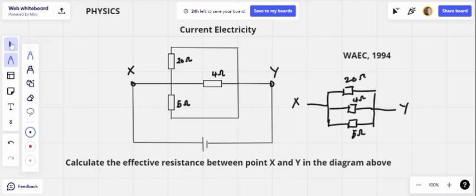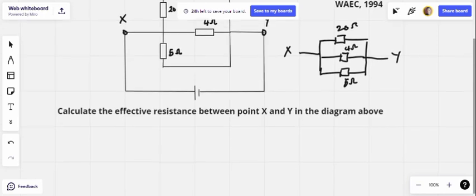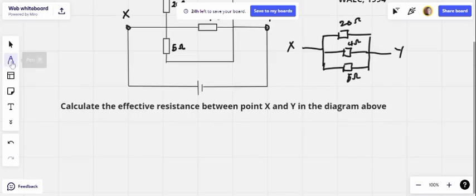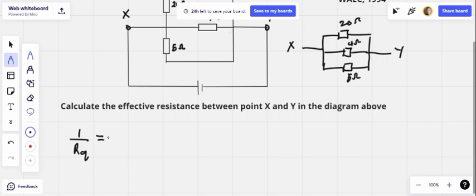So now let's analyze that and calculate the effective resistance there. So remember, for resistances connected in parallel, effective resistance is calculated as 1 over R equivalent, or R effective, or R total, equals 1 over R1 plus 1 over R2 plus 1 over R3.